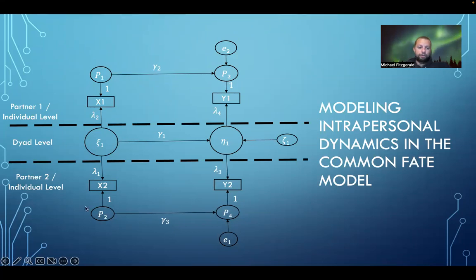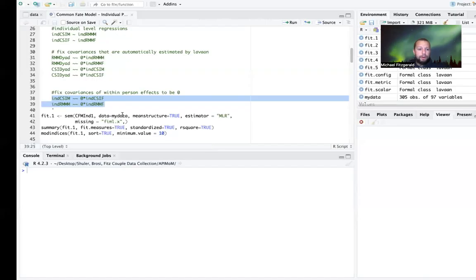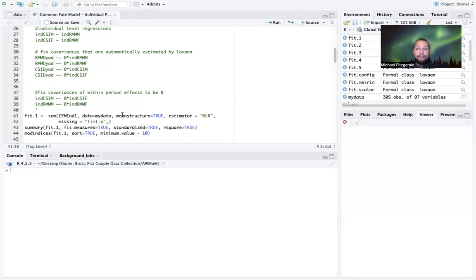So we're going to presume that the covariance here and the covariance here are 0, because that's an indicator of the non-independence, which again is already captured in these latent constructs. All right. Likewise, you will also see that I have no partner effects specified in this model, but I will go into that in just a little bit.